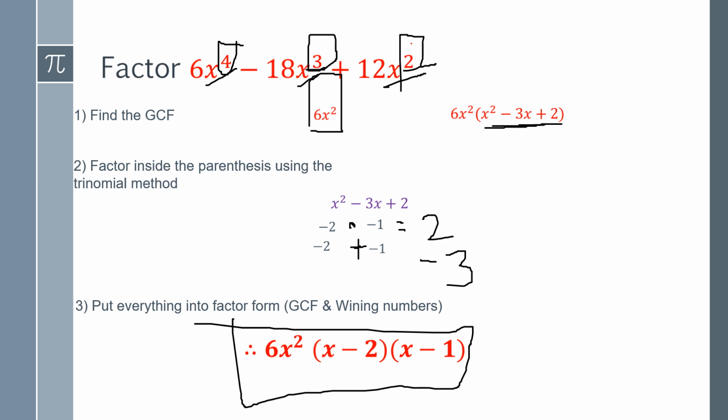So we know we can multiply to give positive 2, and add to give negative 3, and negative 2 and negative 1 give you a positive 2 when you multiply, and when you add them together it gives you negative 3. So hence our final answer. The GCF was the 6x squared we pulled out, and the factors of the trinomial were x minus 2 and x minus 1.